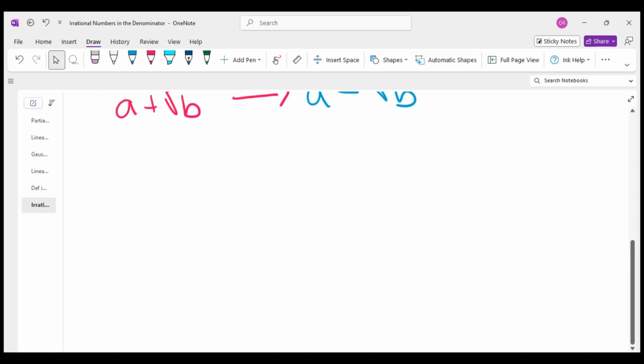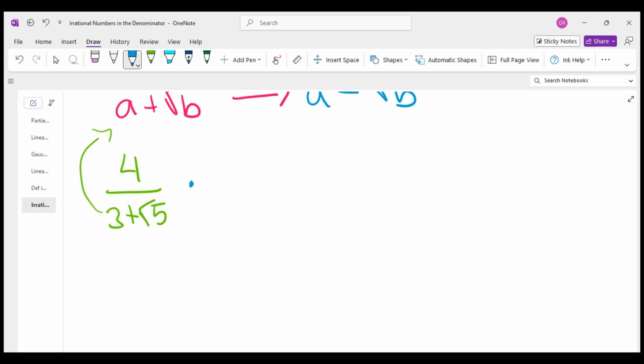So what's an example that we can use for this? Let's say that we have 4 over 3 plus the square root of 5. So this whole denominator looks like this right here. So we're going to have to multiply by the conjugate pair. So we'll have to multiply this by 3 minus the square root of 5, because again, we want to multiply by a form of 1 so that it stays the same.